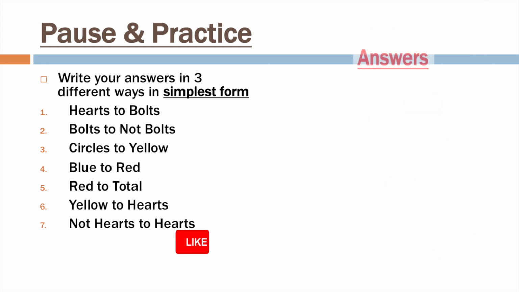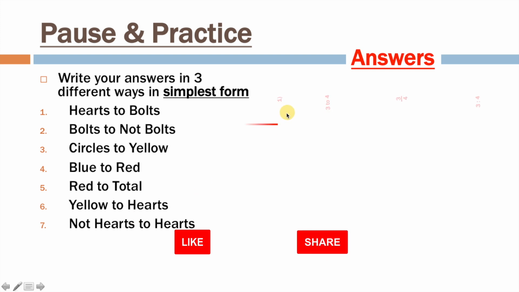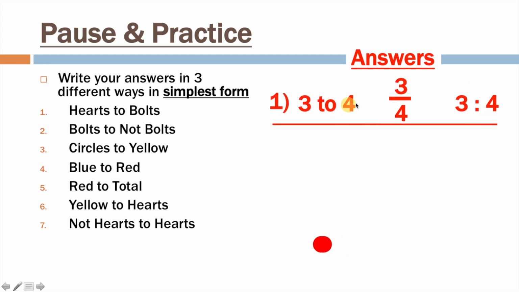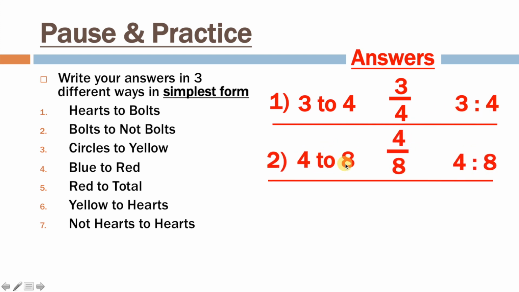So let's take a look at our answers. Number 1 is 3 to 4, 3 over 4, 3 colon 4. Number 2 is 4 to 8, 4 over 8, 4 colon 8. But remember, the directions ask you to put the ratios into simplest form. So we can divide 4 and 8 by 4.